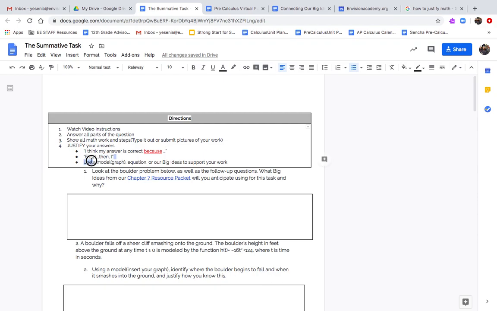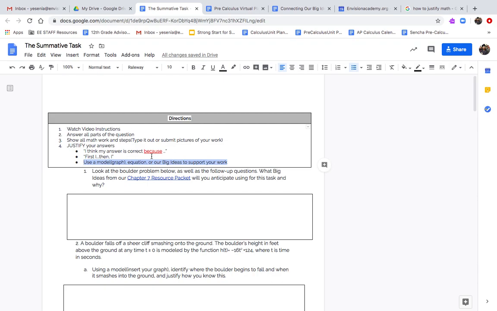Another way to justify your answer is explaining the steps you took to solve the problem itself. First I did this, then I did that, and then why. You want to strengthen your justifications. Lastly, to explain or justify your work, please make sure you go back to the graph. Point out what points in your graph support your answer.